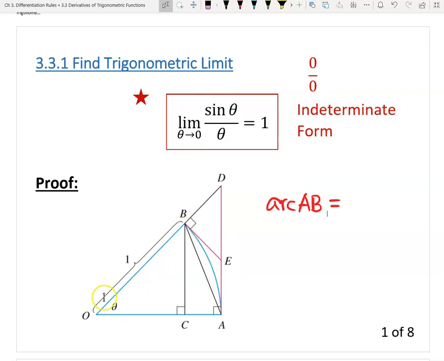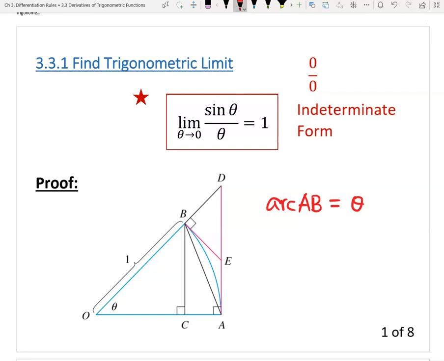Now the radius is 1, and the angle is theta. Therefore, the arc length equals 1 times theta, which is theta, right? So write the first: this is theta.